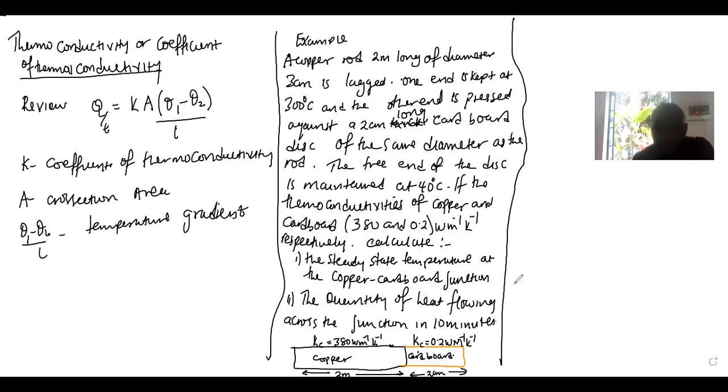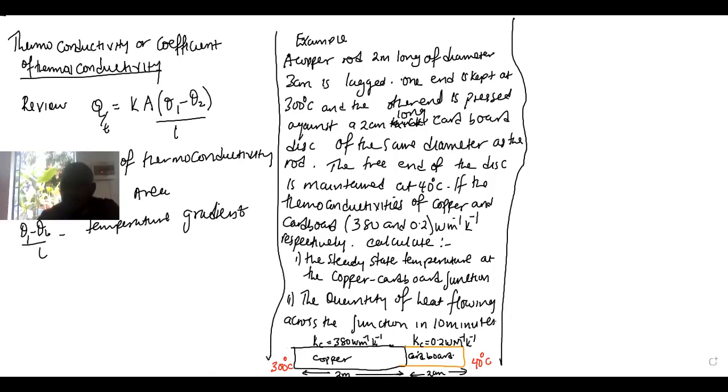So this side is maintained at what degrees? This side is maintained at 300 degrees Celsius, whereas the cardboard, this side is maintained at how many degrees? 40 degrees Celsius. So it is from here that we can look at the rate of heat transfer, dQ out of dt, given by KA times the temperature difference.